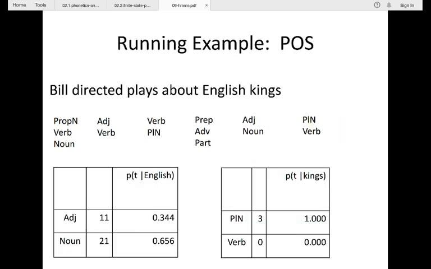So as we look at the other words in the sentence, we see the same thing. So English can be either an adjective or a noun. Apparently, it's a noun more often than an adjective in this corpus. And kings can be a plural noun or a verb.